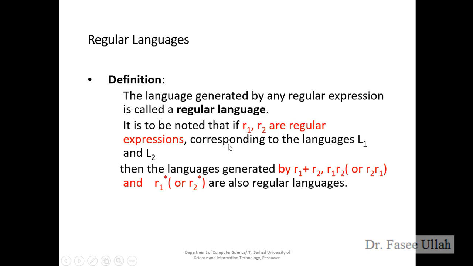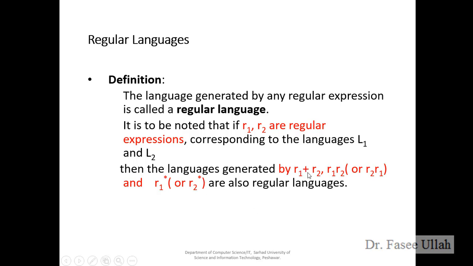Okay. Then the languages generated could have many different possibilities for generating the regular expression from the languages L1 and L2. It could be R1 plus R2, or R1 R2, or R2 R1, or R1 star or R2 star, and so on.